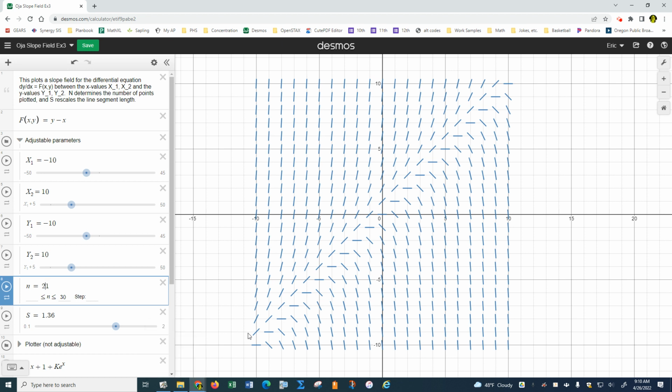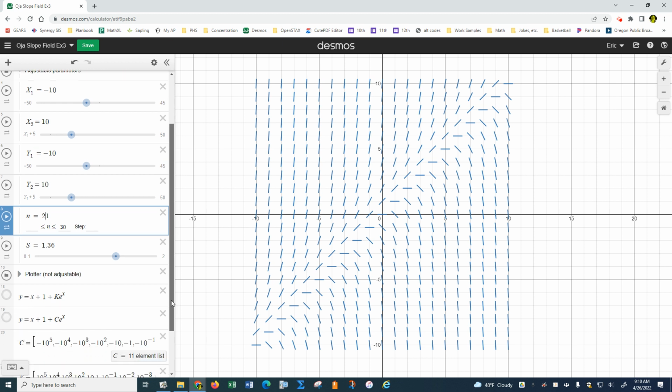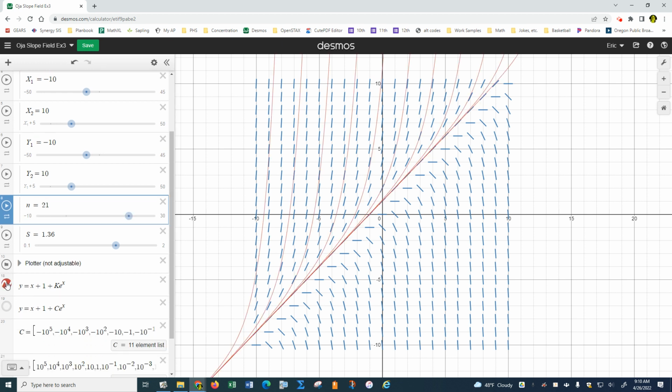So it looks like there's some kind of slant asymptote here maybe, right, that these things are sticking on, and then they're going to peel off and get steeper upward and peel off and get steeper slope downward below. So trajectories look like that. Does that make sense? Okay, that's pretty cool. Don't you think that's a pretty cool way to approach it? Very clever.